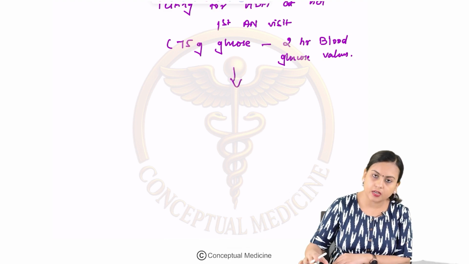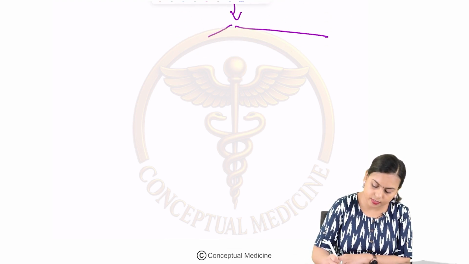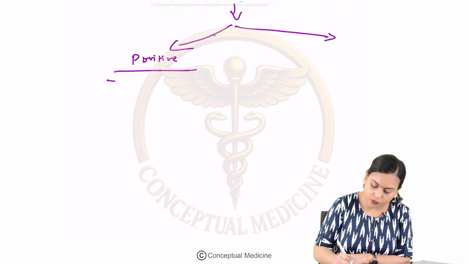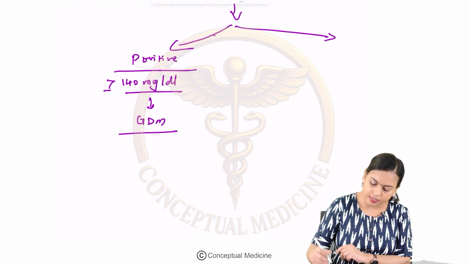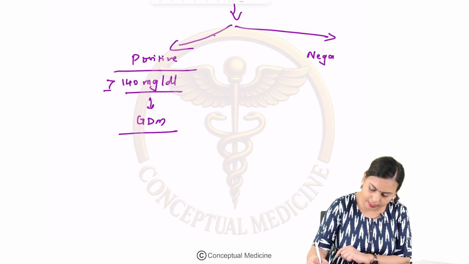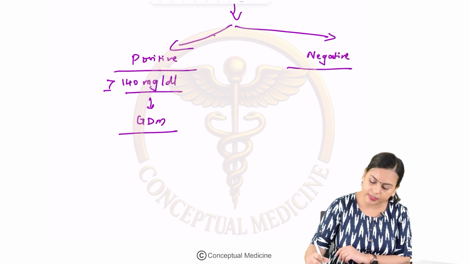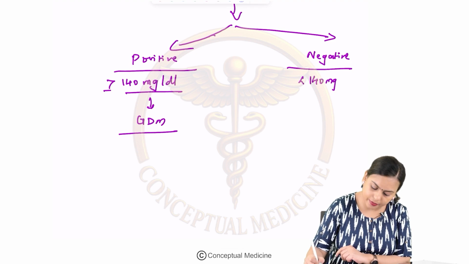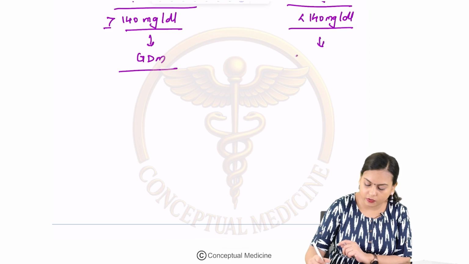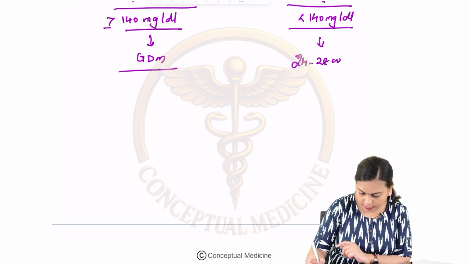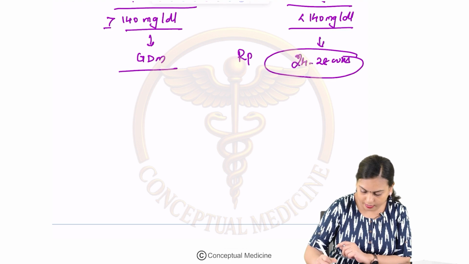If it is positive, that means more than 140 milligram per deciliter, then I will be managing this as a case of GDM. Suppose it is negative, that is the 2 hour value is less than 140 milligram per deciliter, then I will be repeating the test at 24 to 28 weeks.